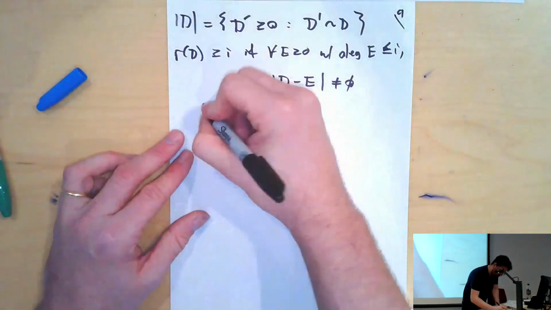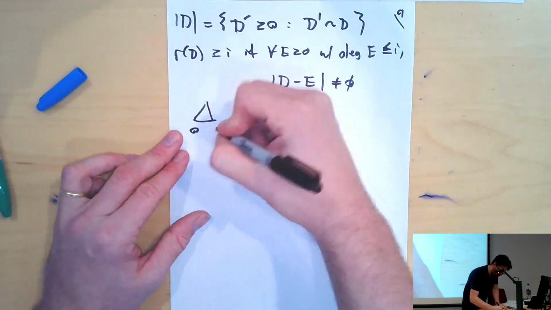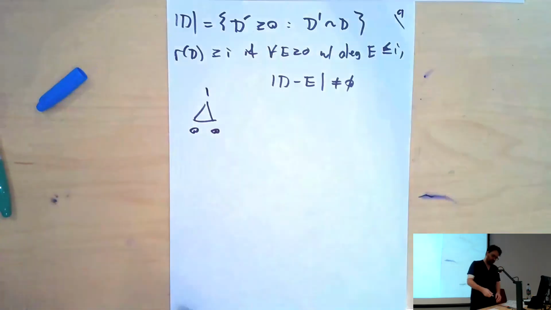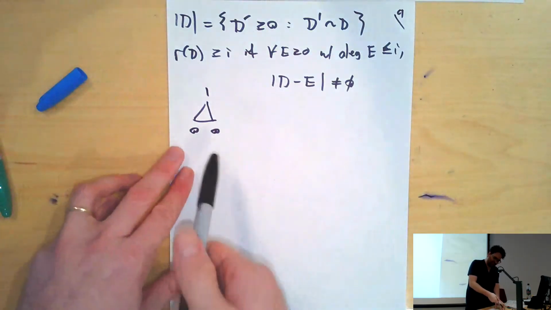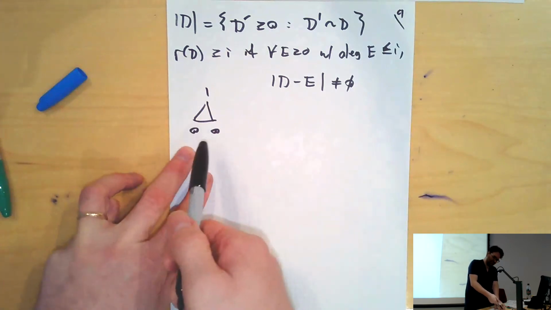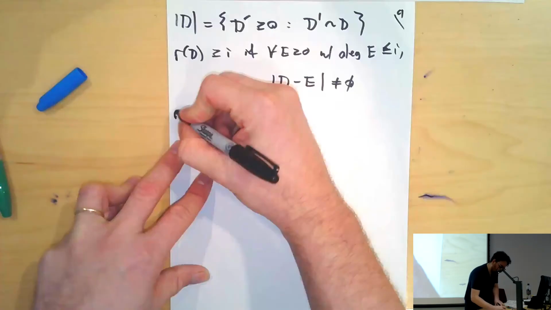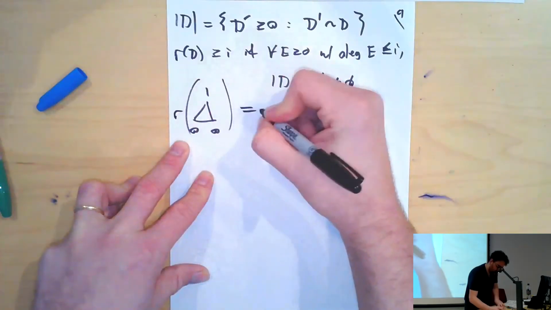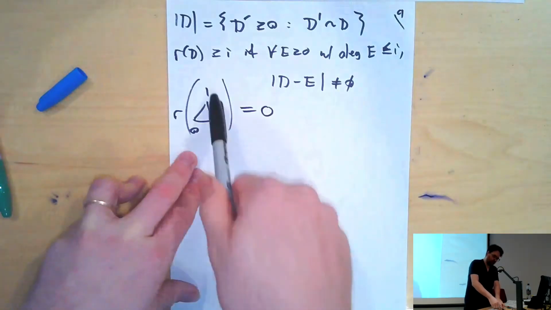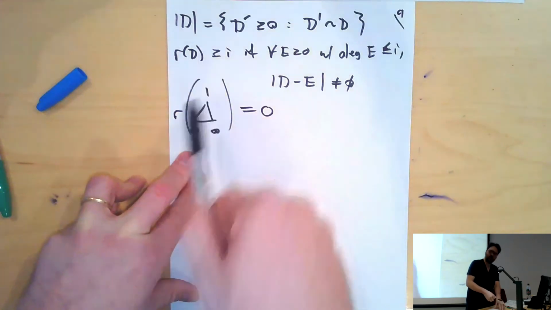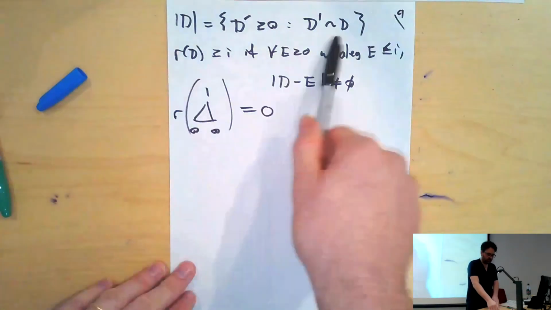So just like examples, if I take this divisor, the rank is at least 0 because it's already effective, and I claim the rank is exactly 0. So if I were to remove a chip here, it would already be effective, no equivalence necessary.